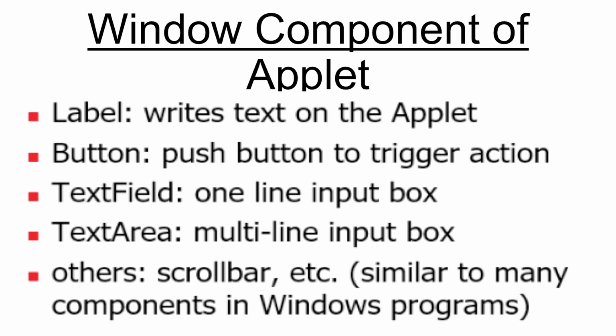These are the commonly used window components which can be added on an applet, and we can also use other window components like scroll bar, tabbed pane, and menu bar. So there are many other window components which can be used on an applet.